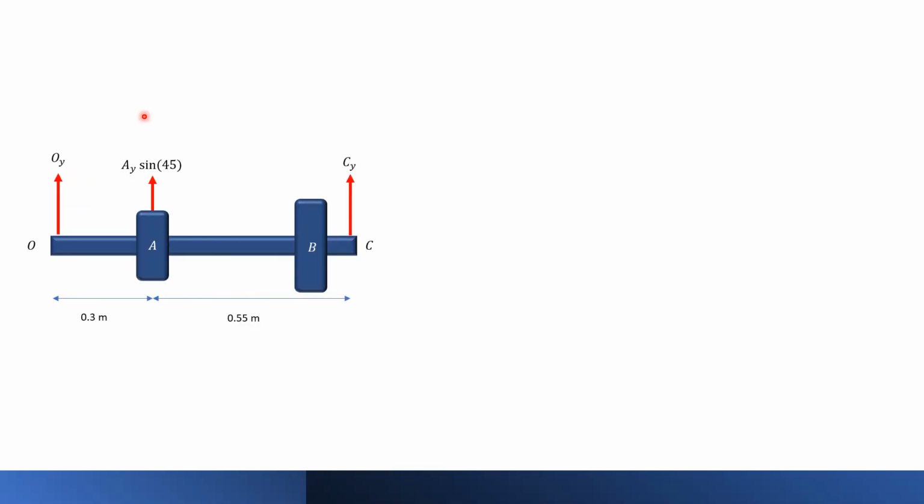Now we proceed to draw a free body diagram. This is the free body diagram where all the forces are going up: CY, AY sin 45, and OY. Here we assume that sigma Fy is equal to 0 and the upward direction is plus.